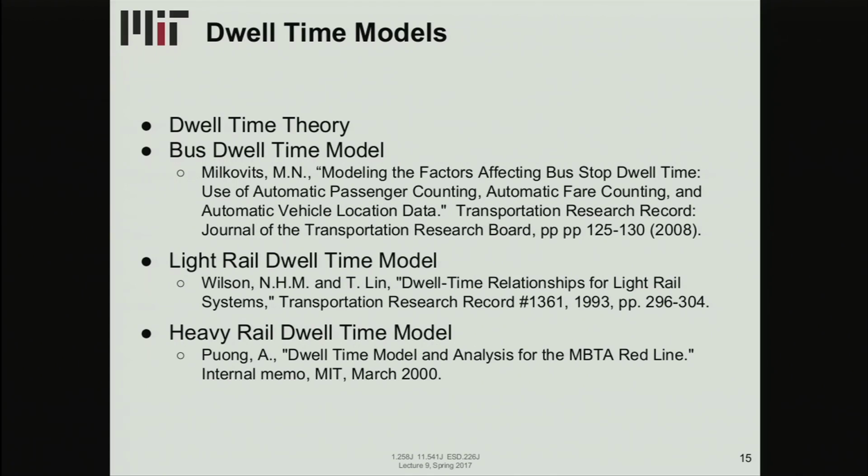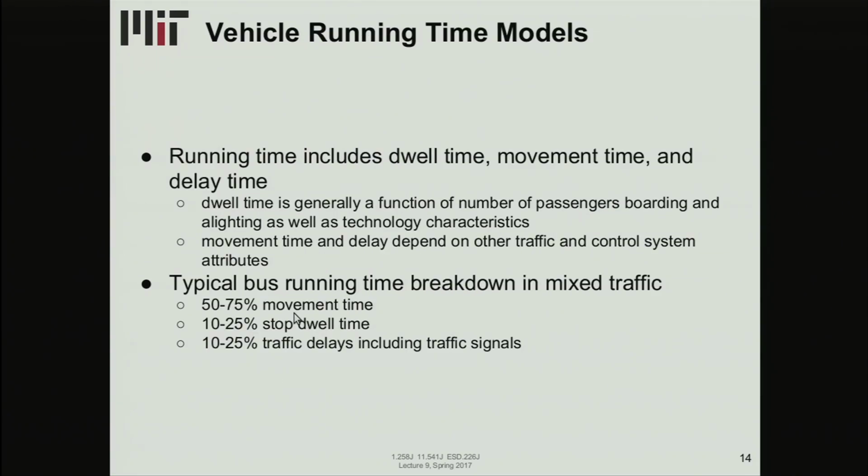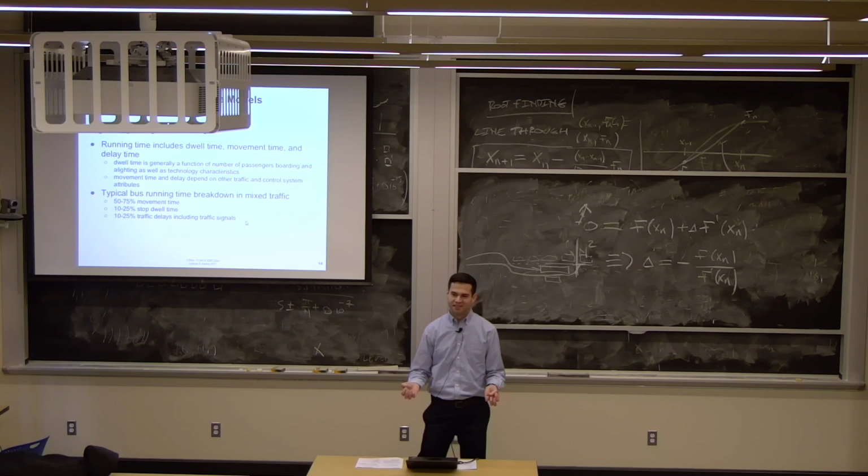Dwell time models are a component of running time models, because dwell times are one of the key pieces of running times. And actually, another point about movement time, dwell time, and delay: which of those three do you think the agency has most control over? Dwell times, right? Why?